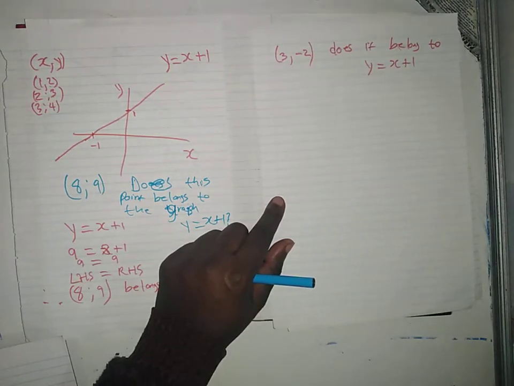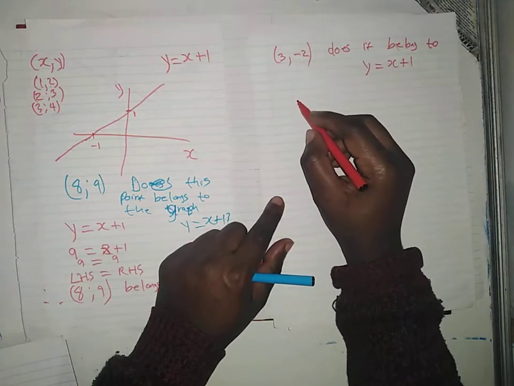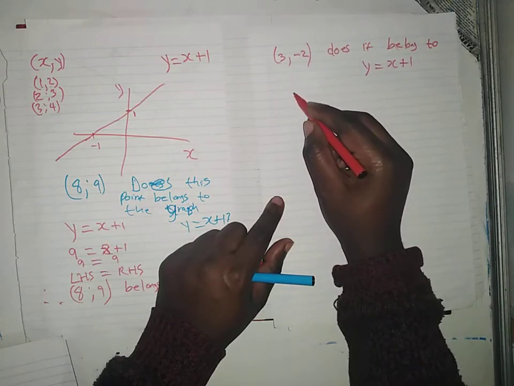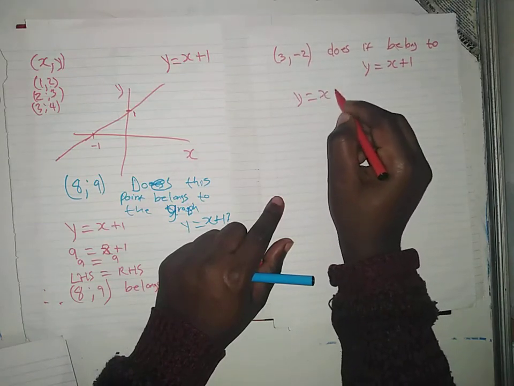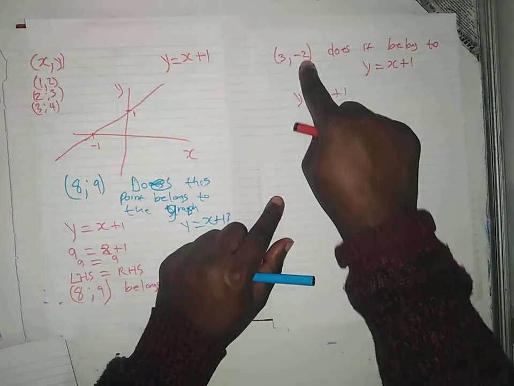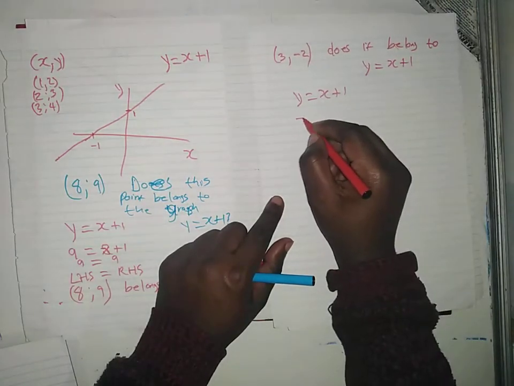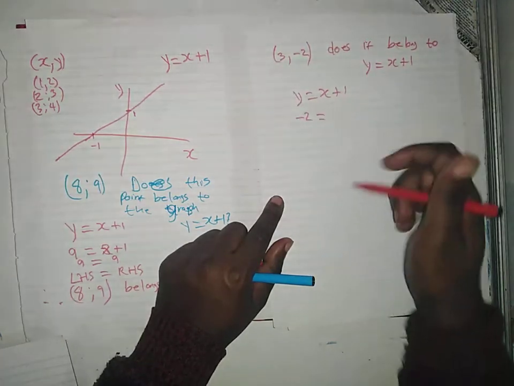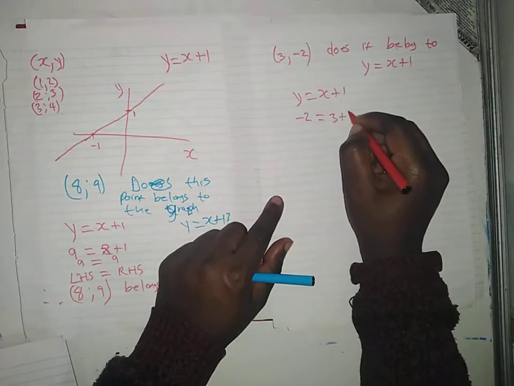Okay. And then, what I will do is take this equation as it is, y is equal to x plus 1. I take the value of y and put it where it belongs, and then it's minus 2, which is equal to, and then the value of x, and then I say 3 plus 1.